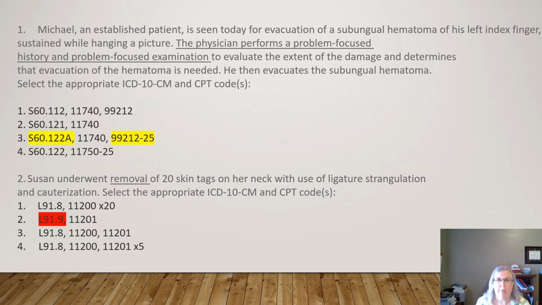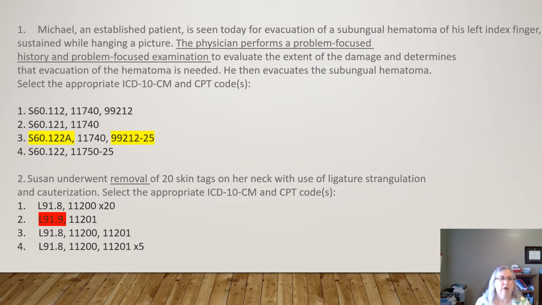The physician performs a problem-focused history and a problem-focused exam to evaluate the extent of the damage and determine the evacuation of the hematoma and if it is needed. He then goes ahead and evacuates the hematoma. So now we need to look at ICD-10, your diagnosis coding, and also your CPT coding books.